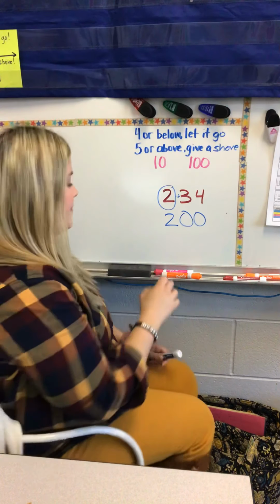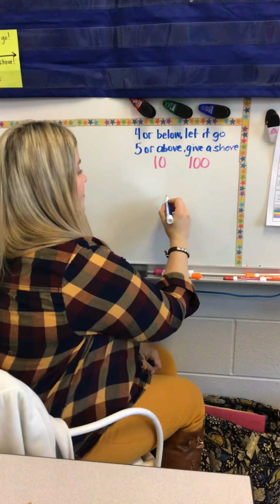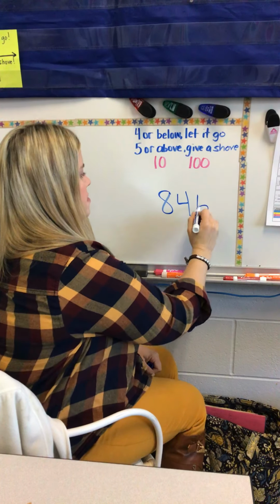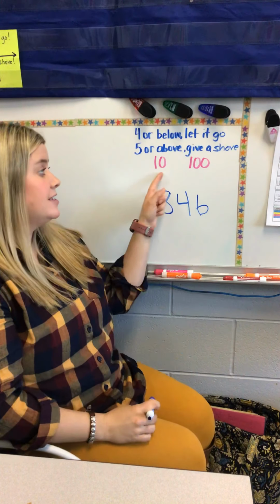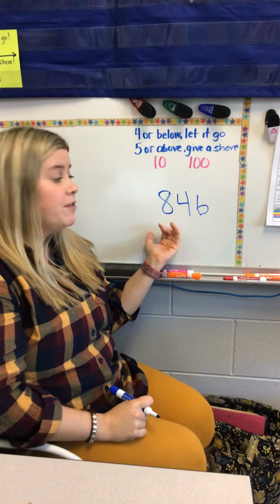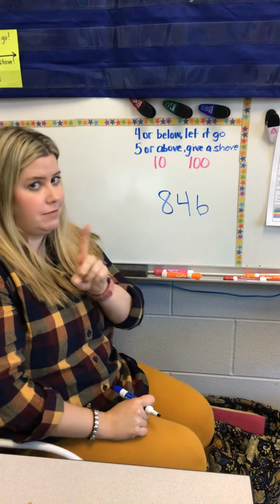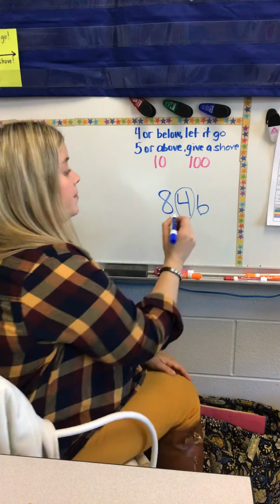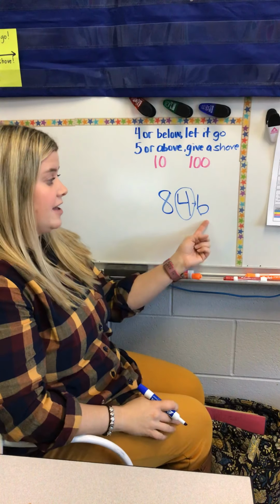Let's try a couple more. All right, let's round this number to the nearest 10. There we go. 846. I want to round it to the nearest 10. Don't be fooled and think that just because it's a 3-digit number I would circle the hundreds place. No, no. We want to circle the tens place because that's what we're rounding to. Look at my bossy digit to the right and I see that it's a 6.